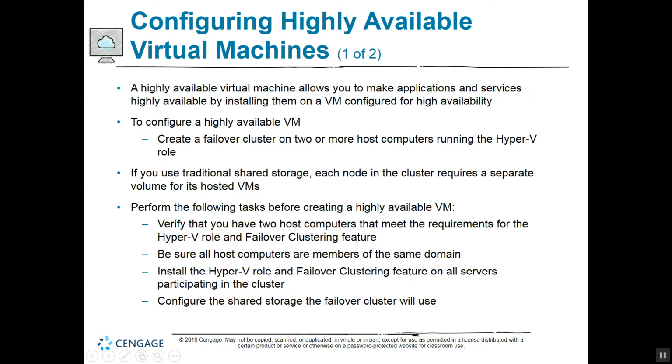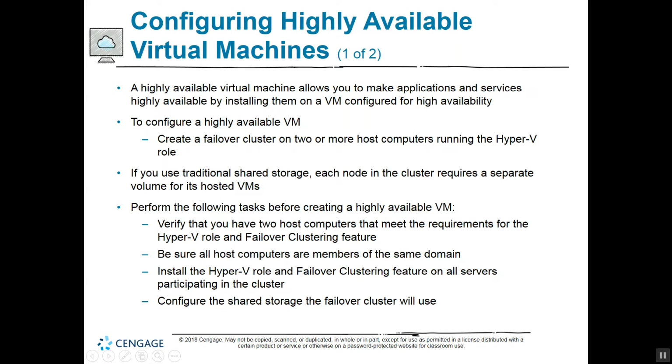Okay. So, a highly available virtual machine. It allows you to make applications and services highly available by installing them on a virtual machine configured for high availability. Now, to make a VM highly available, you create a failover cluster on 2 or more host computers running the Hyper-V role.